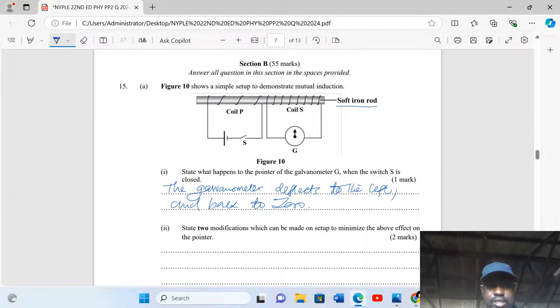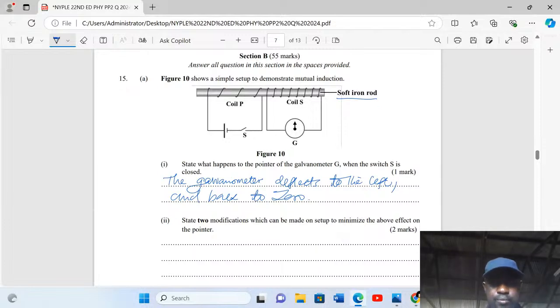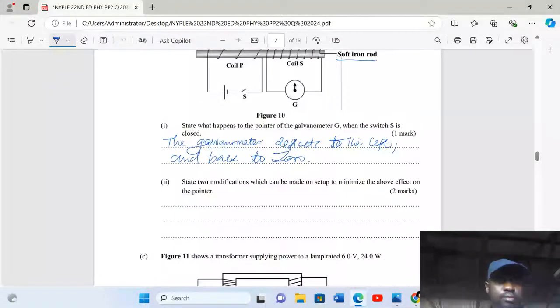Then you are asked to state a modification to the setup to minimize the above effect on the pointer, which deflects to the left and then comes back to zero.